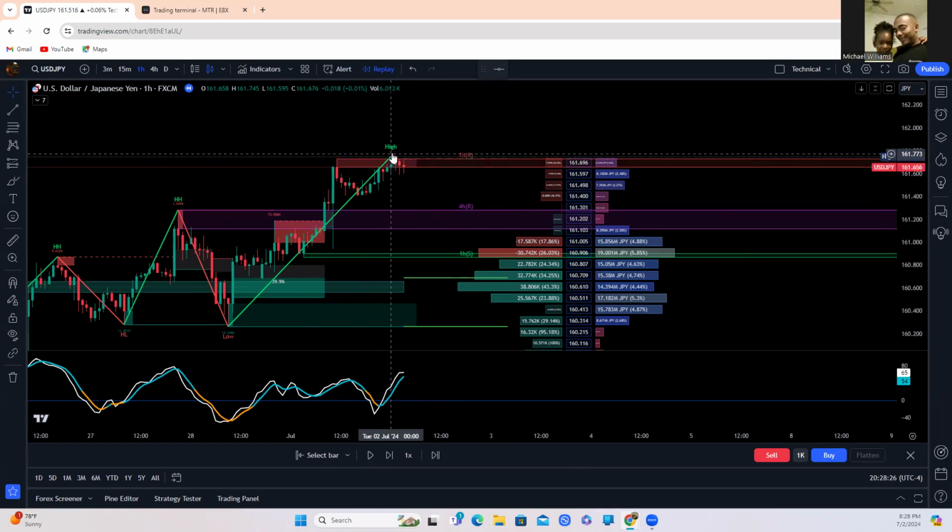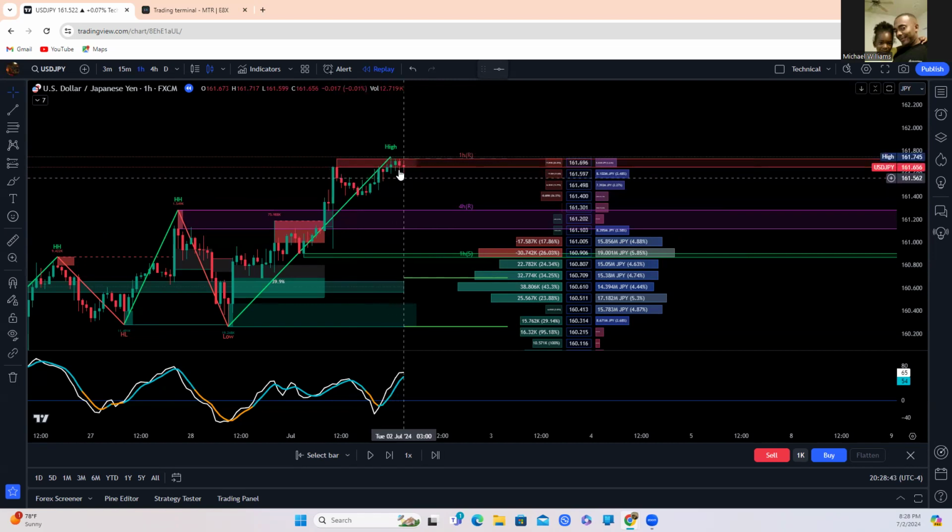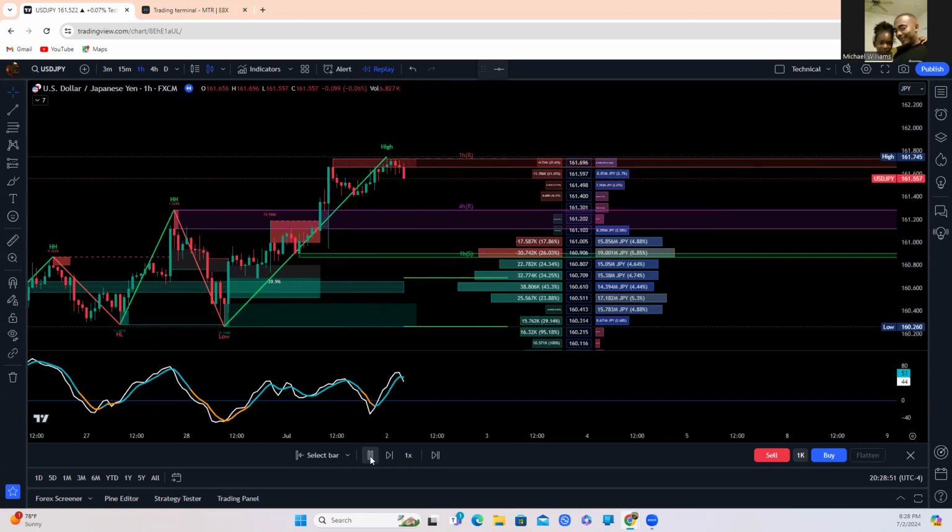And you see it just enough to initiate those stop losses that were sitting up there in that area. Once it mitigated that liquidity, it was able to then begin its push, its orchestration to the downside. We're going to go ahead and continue to play that forward and see what that looks like.